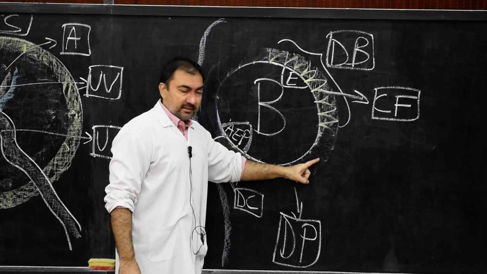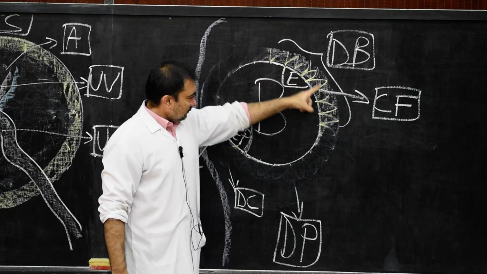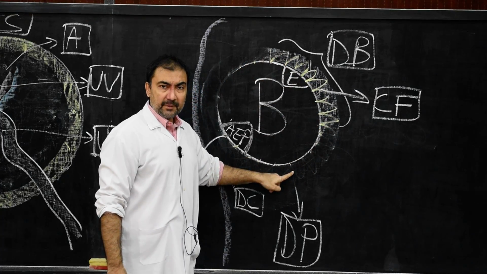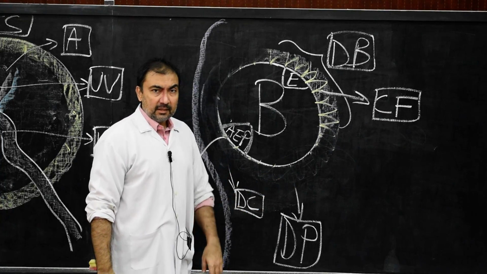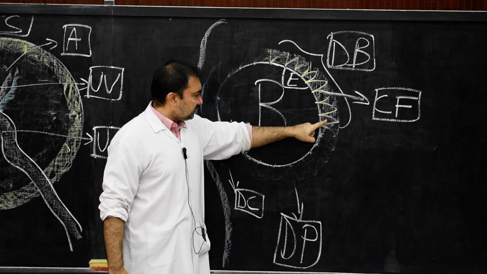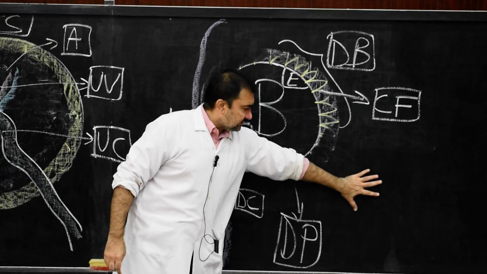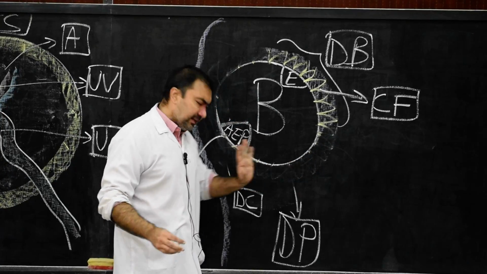Initially I told you that the entire chorion will pass through 3 stages: primary villi, secondary villi, tertiary villi. What are these villi? In order to understand these villi, we will utilize this much portion, and I will show you that. Very simple.